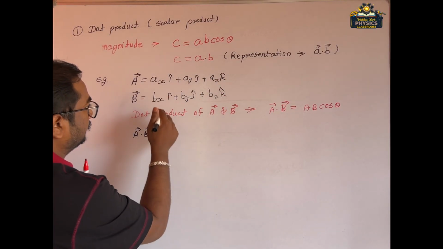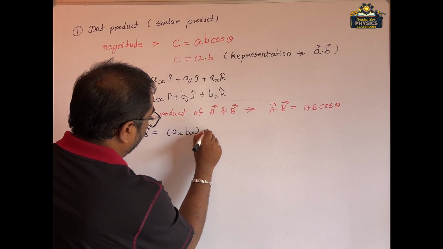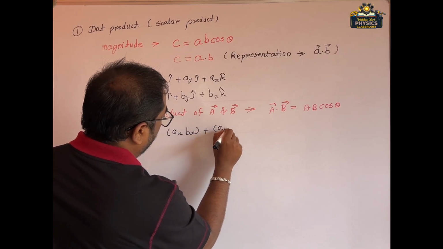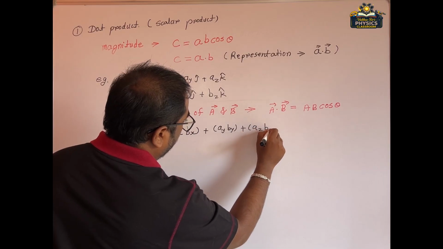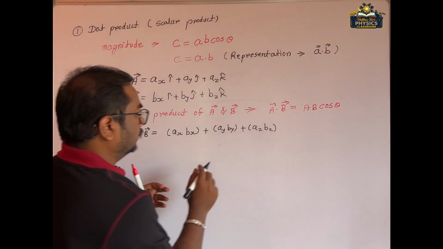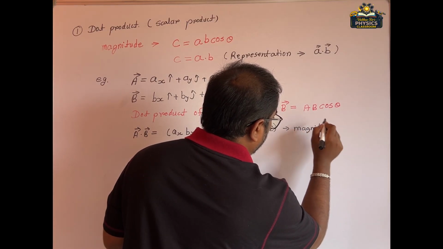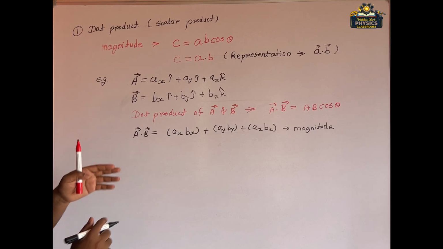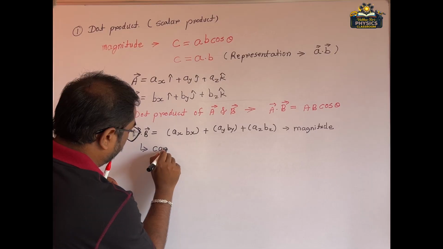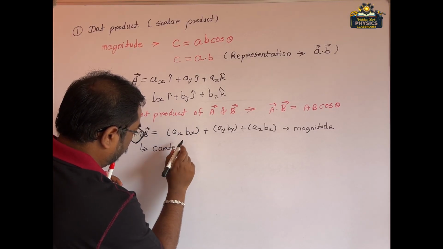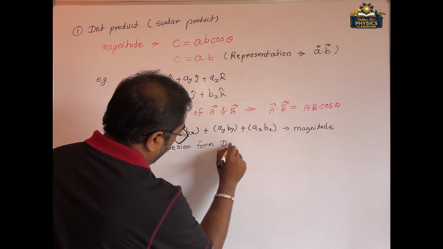It's like that, ax bx plus ay by plus az bz. So we will get only the magnitude of the dot product in the Cartesian form. So this is nothing but the Cartesian form dot product.